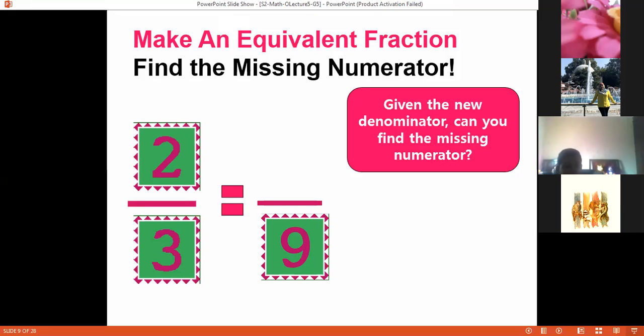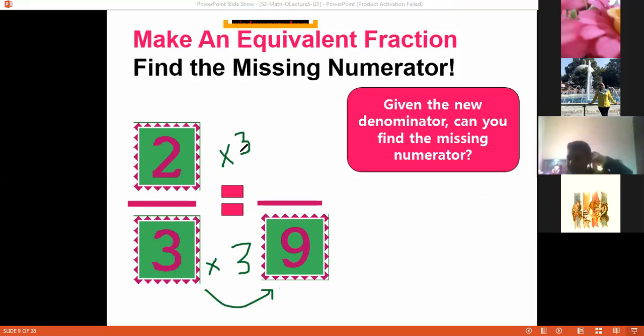You ask yourself, how did the 3 become 9? Because 3 times 3. Excellent. So as if we multiplied by 3, that means I also have to multiply the numerator by 3. So what's 2 times 3? 6. Excellent.